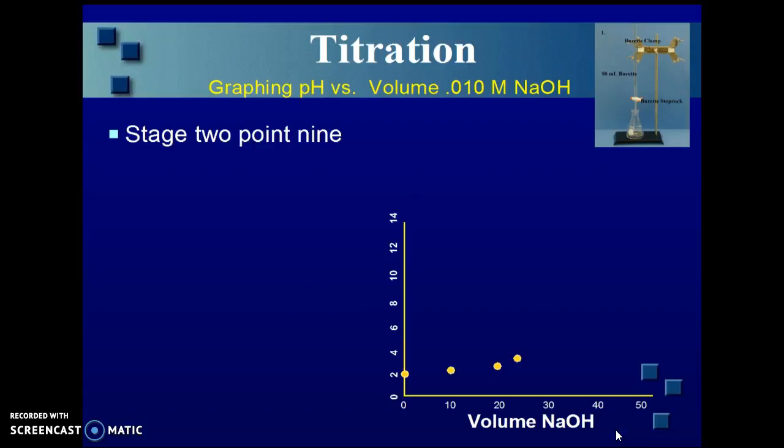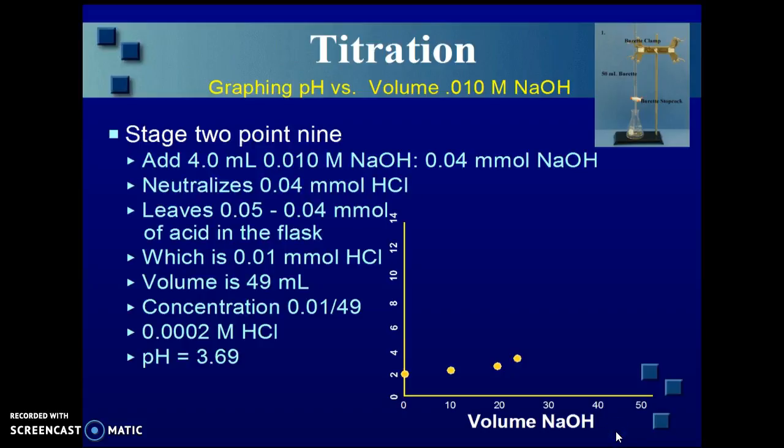Stage 2.9 we'll call it. We're going to add 4 more milliliters of the sodium hydroxide, and that's 0.04 millimoles of sodium hydroxide. This neutralizes the next 0.04 millimoles of the acid, leaving only 0.01 millimoles of hydrochloric acid in 49 milliliters.